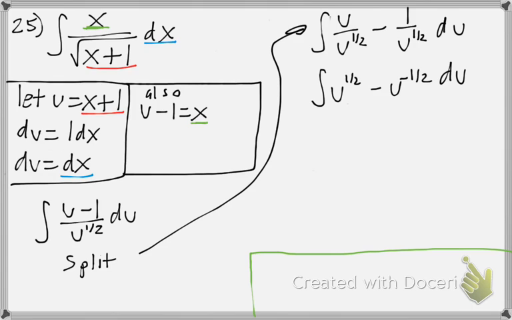And if I integrate, then this is going to be u to the 3/2 over 3/2 minus u to the 1/2 over 1/2 plus c. And then again, when we're dividing by fractions, you can bring them up, but you have to take the reciprocal. So instead of dividing by 3 over 2, you're multiplying by 2 over 3.